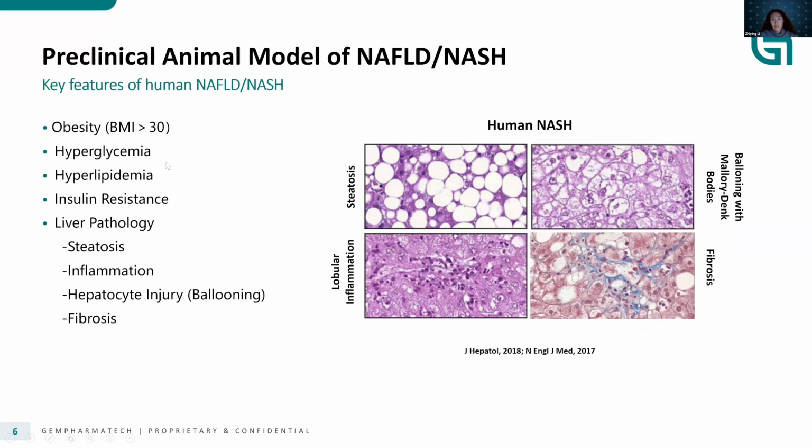Obesity, hyperglycemia, hyperlipidemia, insulin resistance, as you can tell, as well as some liver pathology data, in particular, steatosis, inflammation, hepatic injury, which show up as a ballooning, for example, these big, inflated cells. And finally, the ballooning leads to cell damage, which will show up as fibrosis in the liver.